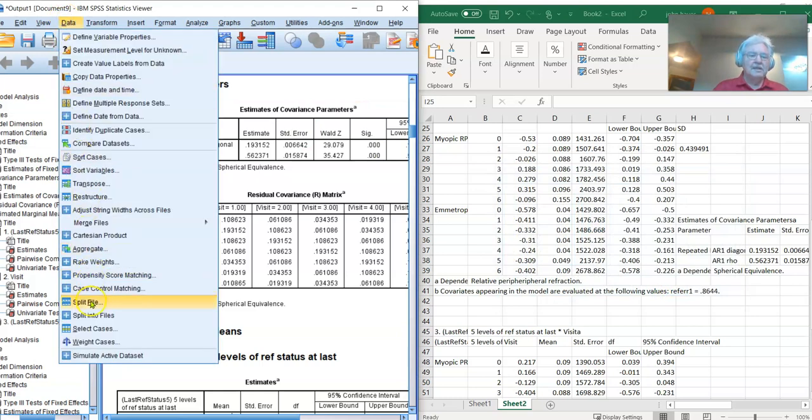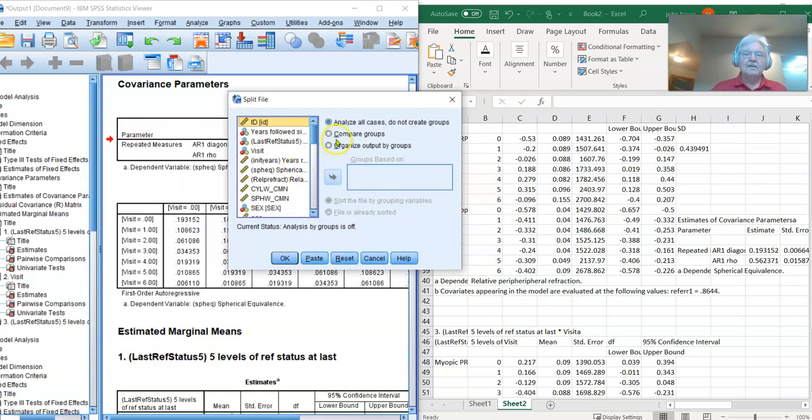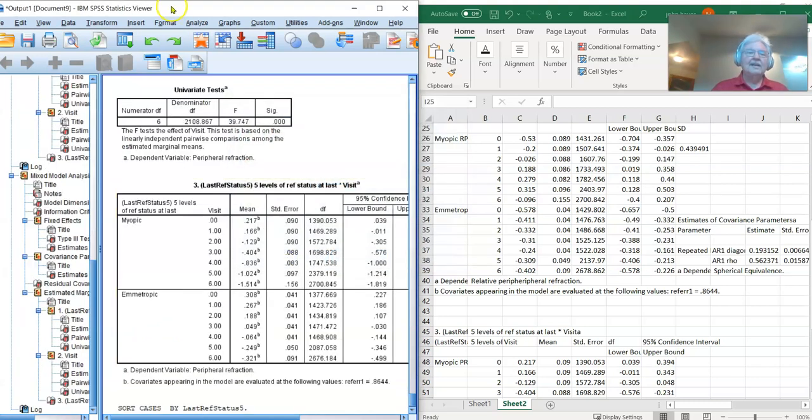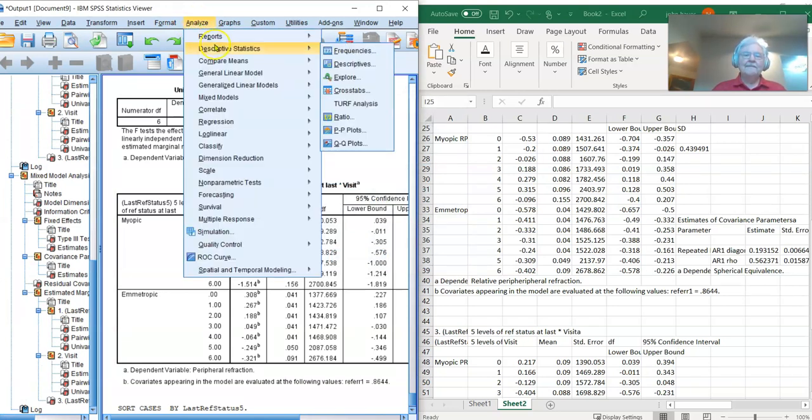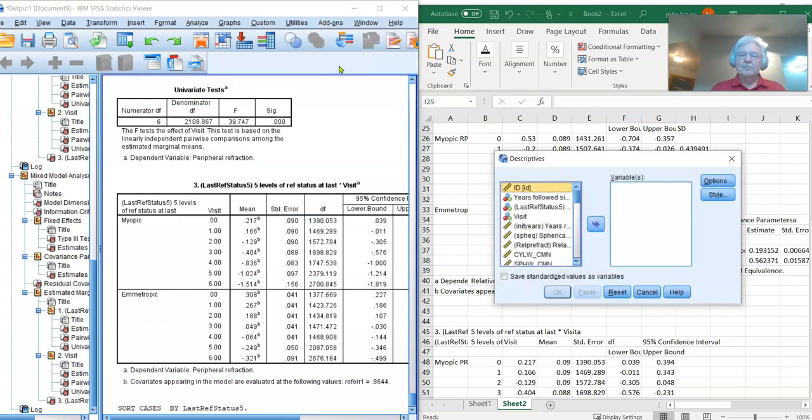Data, split file, compare groups, last refractive status. Okay. Analyze, descriptives, relative peripheral refraction. Okay.